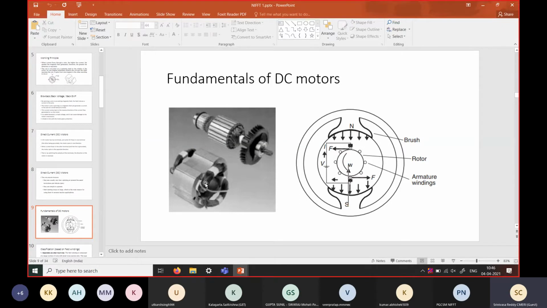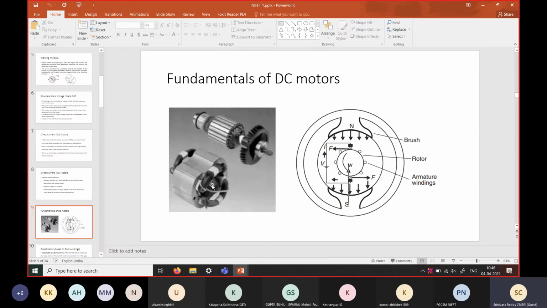There are some windings on the stator as well as the rotor. The stator coils are used to produce a magnetic field, and the rotor coils, when they are carrying current, also produce magnetic fields. By properly managing the magnetic field directions, we continuously get torque, which results in the spinning of the shaft.